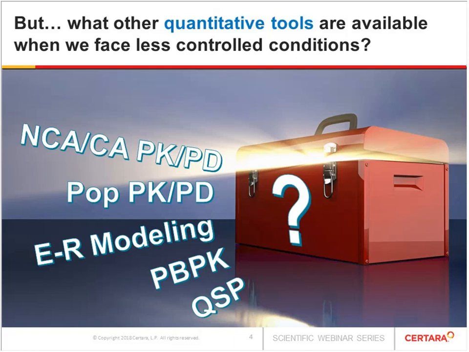But as I said before, what if we faced other circumstances that are less controlled? What if we wanted to understand the rates of production of a certain biomarker or the rates of catabolism of a certain biomarker? What other quantitative tools would be at our disposal in those less controlled conditions?